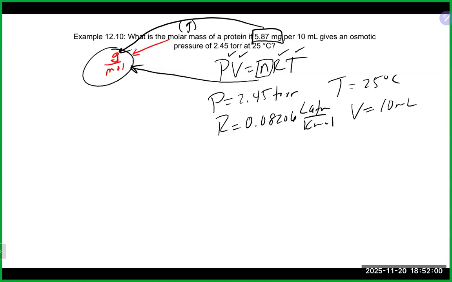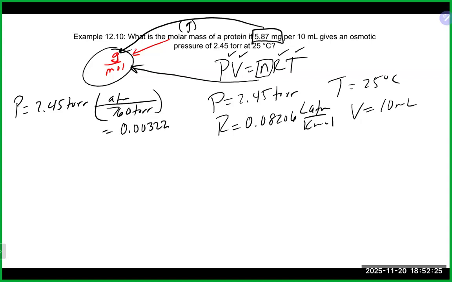Once again, we do need to do some conversions to get everybody into the right units. We'll go with our pressure first, 2.54 torr. There is 760 torr in an atmosphere. 2.54 divided by 760 looks like 0.003224 atmospheres. We'll take it to a few digits.